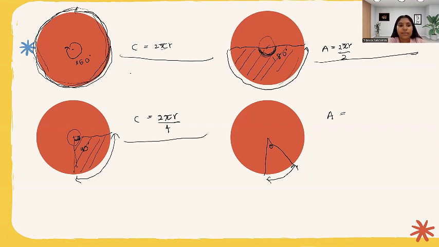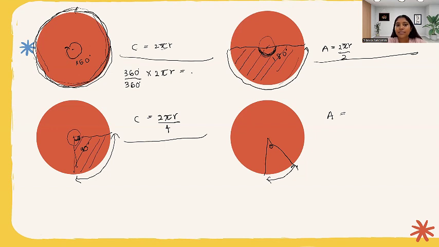Here I would like to write 360 degrees over 360 degrees, because the angle at the center is 360 degrees and we are considering the entire circle, so it is 360 degrees over 360 degrees into 2πr.